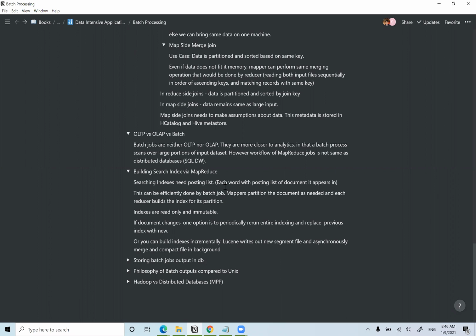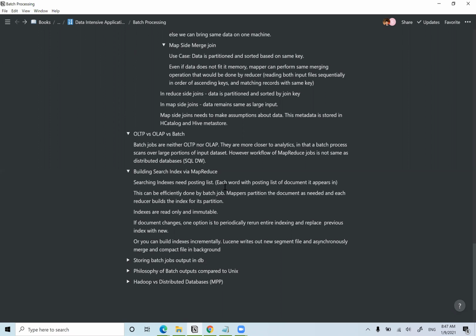That posting list is the list of document IDs that the word appears in. Then if someone is searching for that particular word, this posting list will be looked up so that you can return the documents in which that word appears. This is the basic fundamental of how search indexes are built. There are other complexities around it, but the fundamental is this.